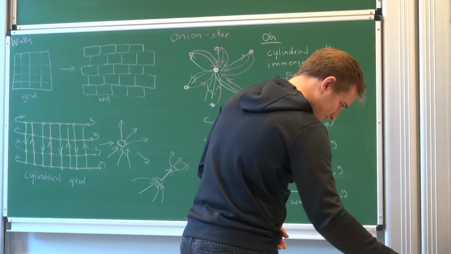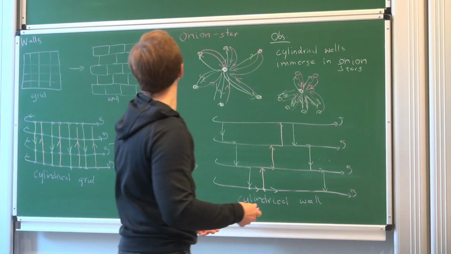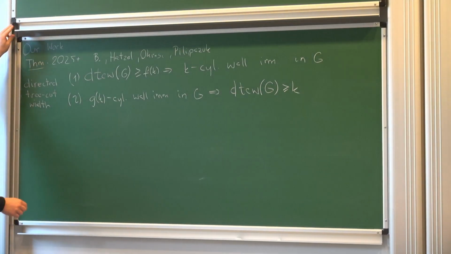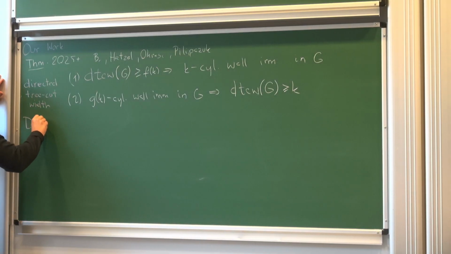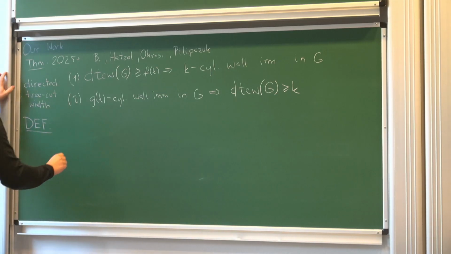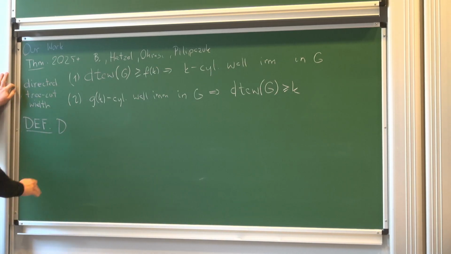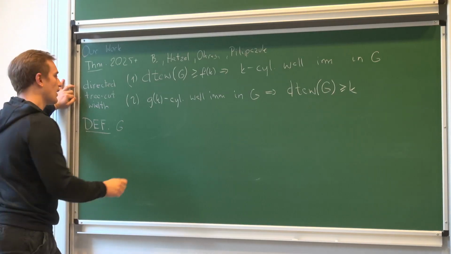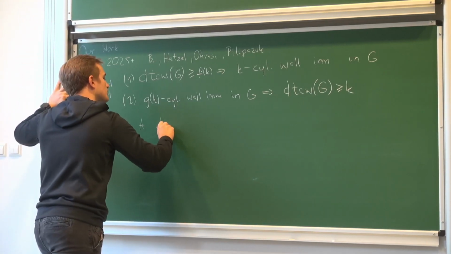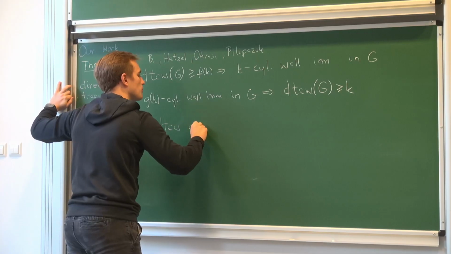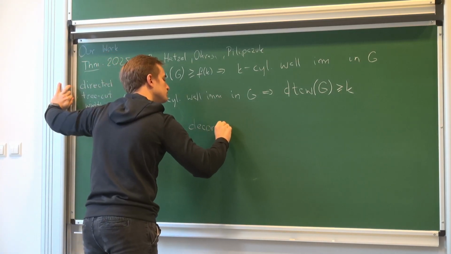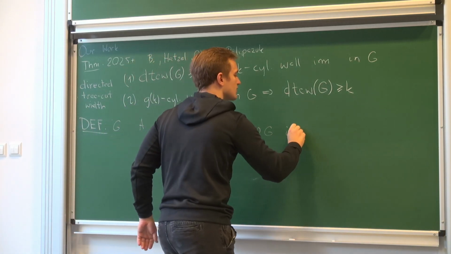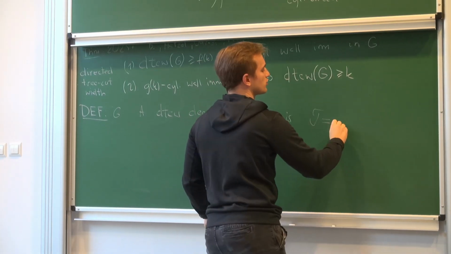So at this point, I would like to tell you what is a directed tree cut decomposition. So I have a digraph G. A directed tree cut decomposition of G is the following quadruple.